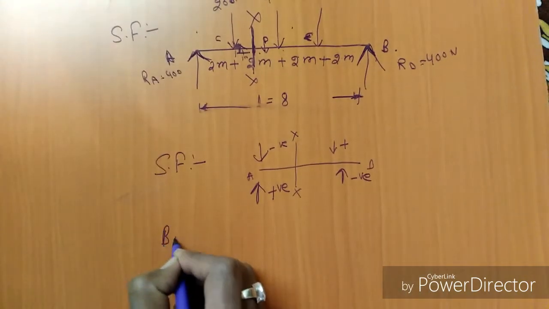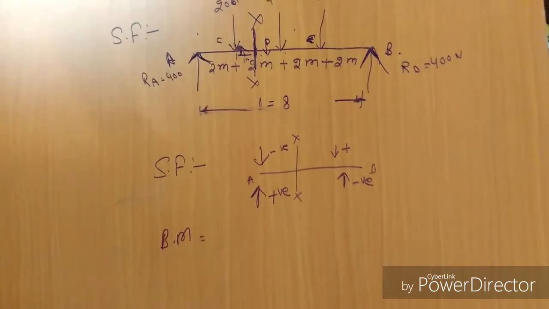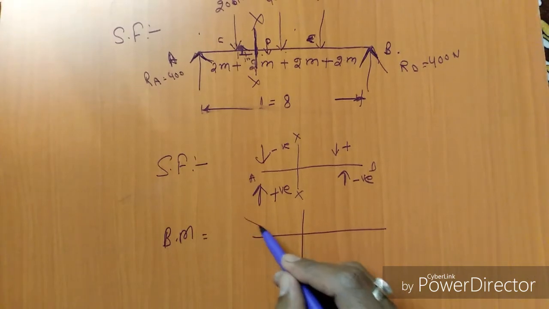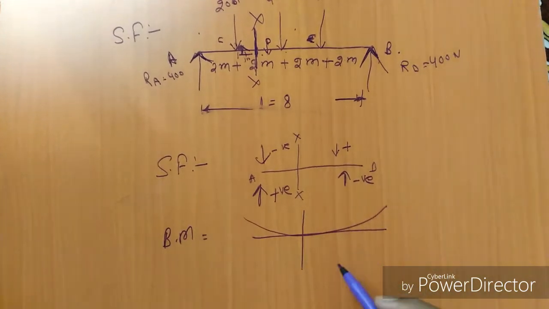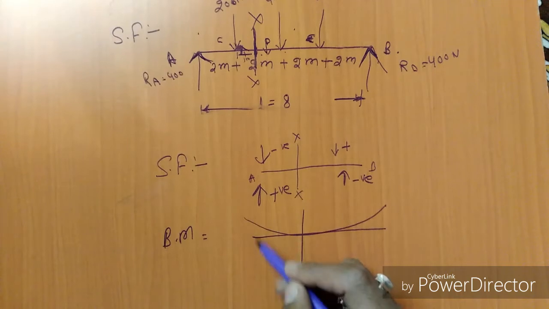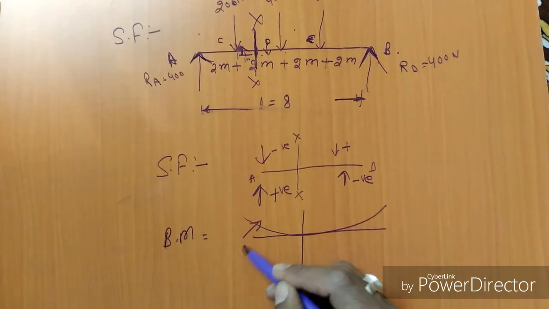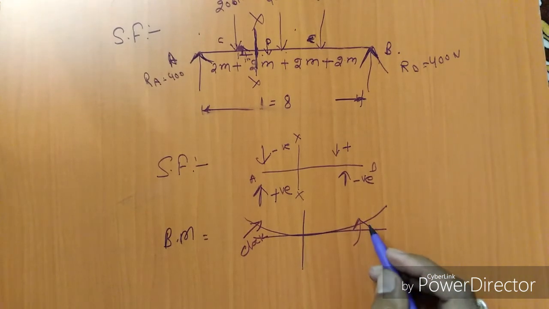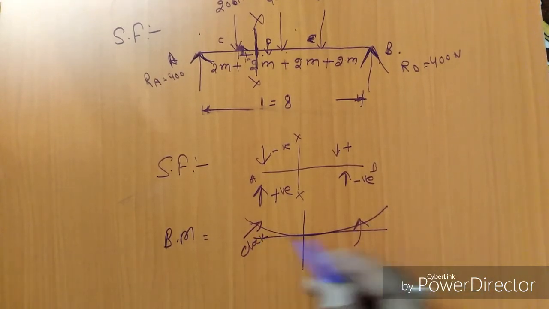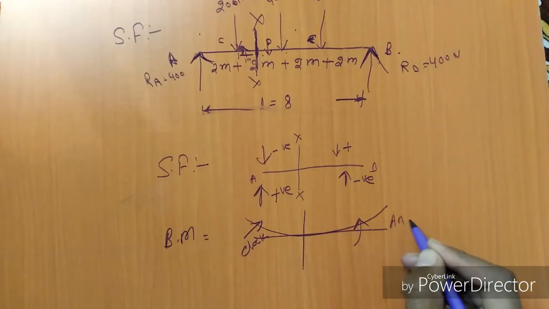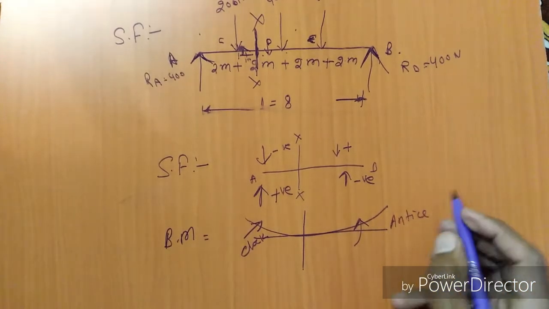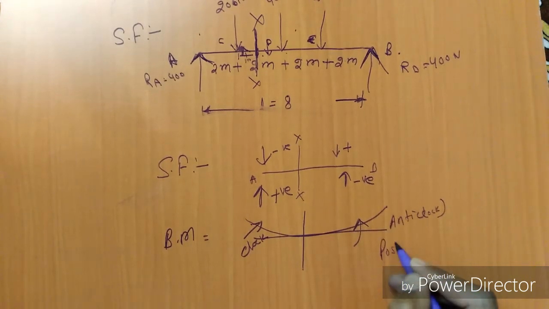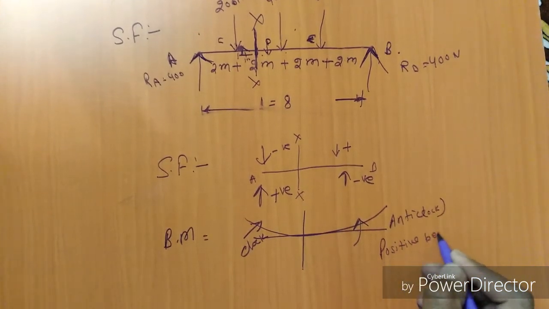Similarly, sign convention for bending moment. Suppose this is the section and this is your deflected beam. On the left hand side, clockwise forces, and on the right hand side, anti-clockwise. This is called positive bending moment.